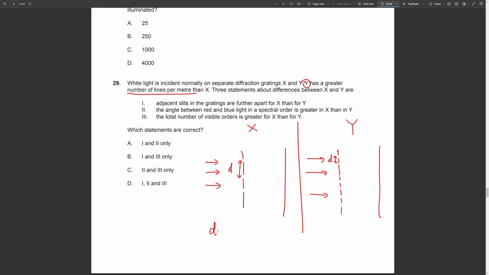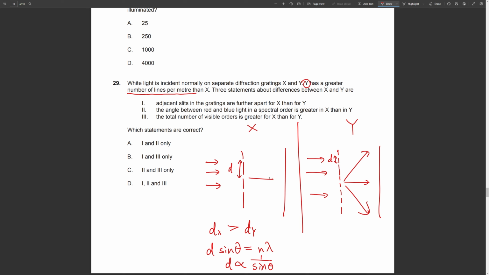Then we can tell d of X is greater than the d of Y. And the equation for diffraction grating is d sine theta equals n lambda. For the given same order and the same wavelength, the distance between slits and the sine angle are inversely proportional. In other words, Y is spreading wider.